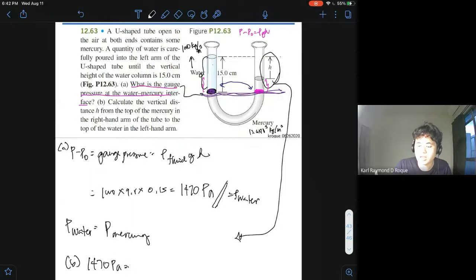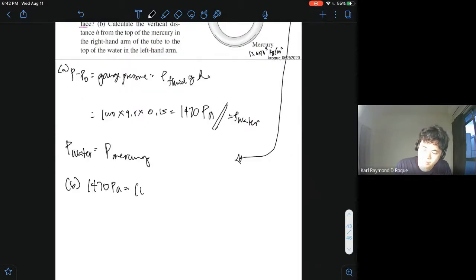Pero ano yung H? 0.15 minus H. You will find from here that ito makukuha nyo in the end.